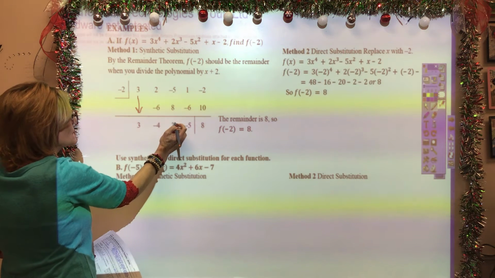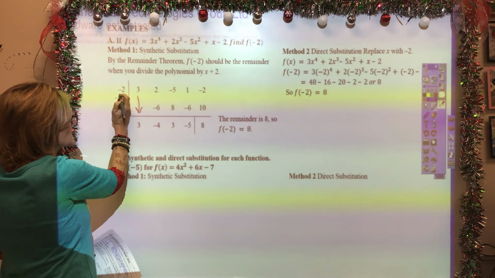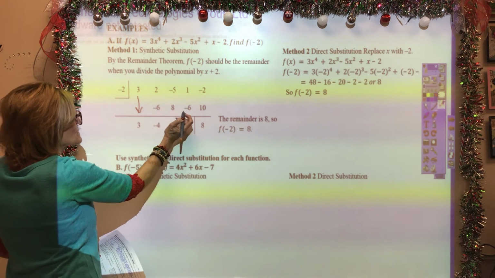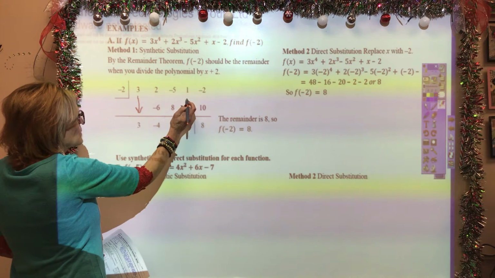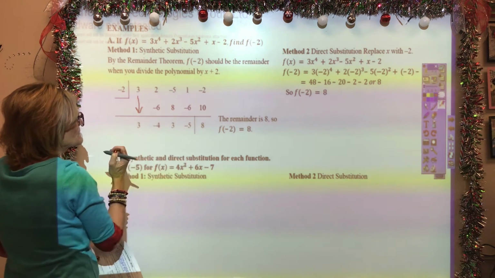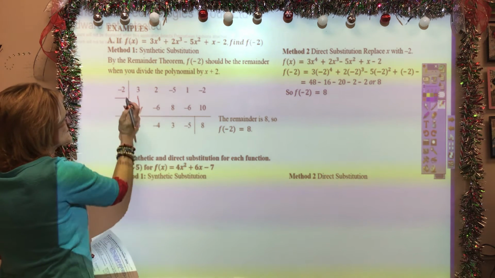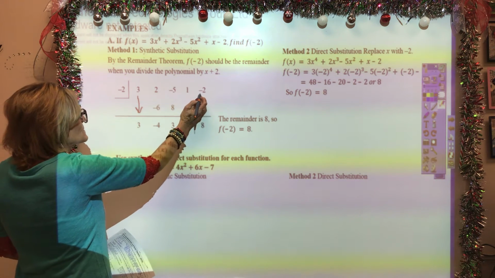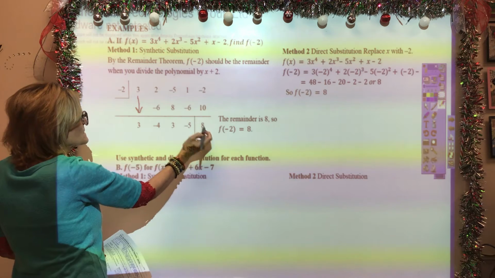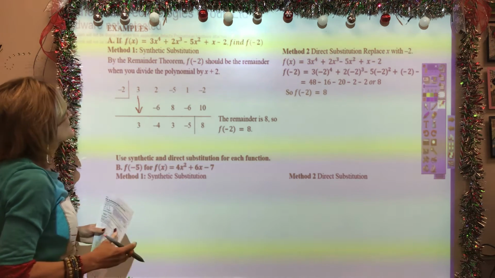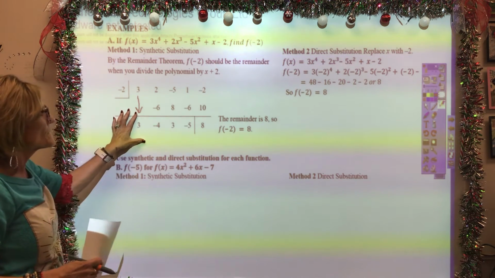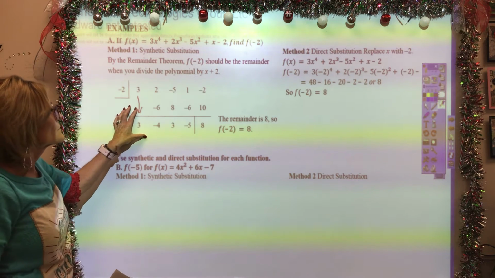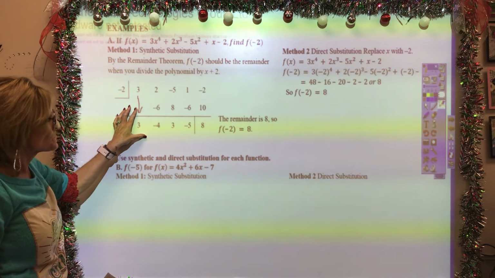Negative 5 plus 8 is 3. Negative 2 times 3 is negative 6. 1 minus 6 is negative 5. And then we take negative 2 times negative 5 is 10. Negative 2 plus 10 is 8. That is one method, the first method, to find the remainder.